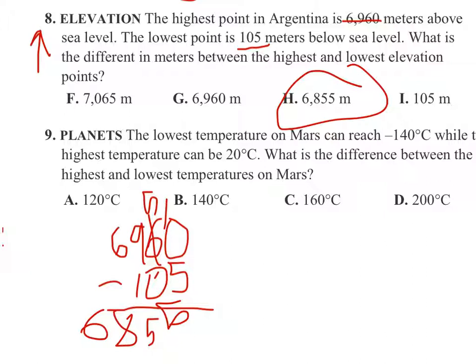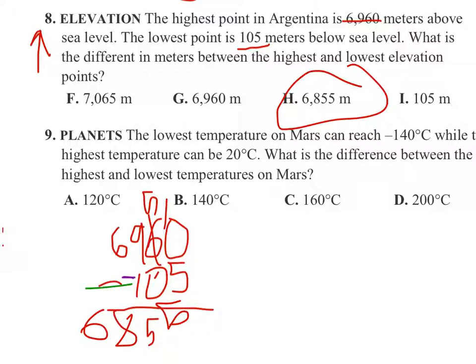Yeah. But it says it's below sea level and then above. Uh-oh. It does say that. So then wouldn't it be F? Yeah. Well, let's find out. Here's the thing. Since this is a difference between the two, right? We got a 6960, and then the lowest point is 105, but it's a negative 105, so it's really minus negative 105 right there.